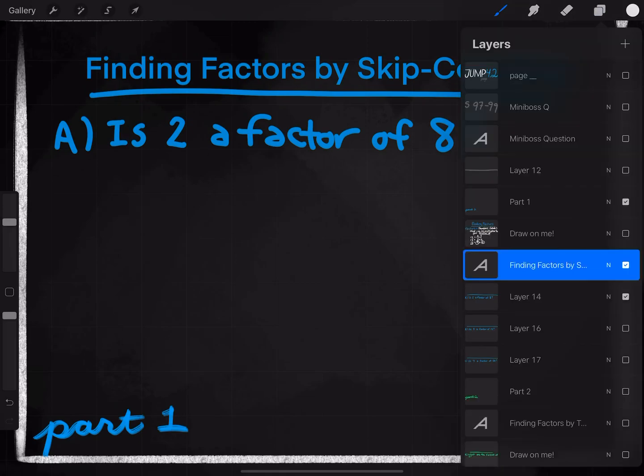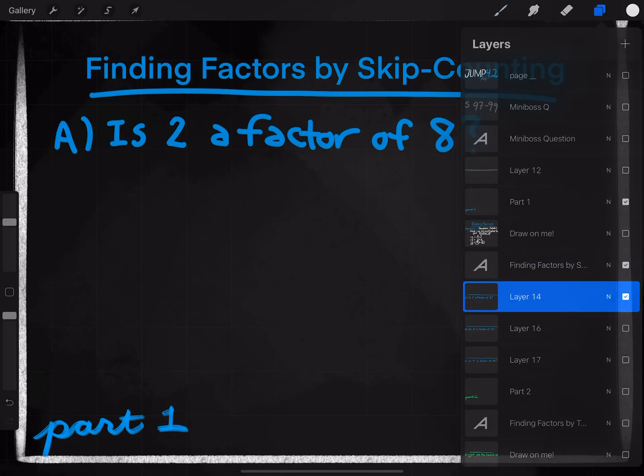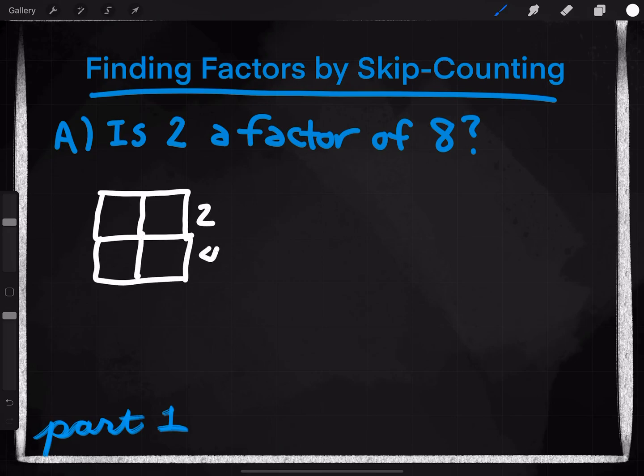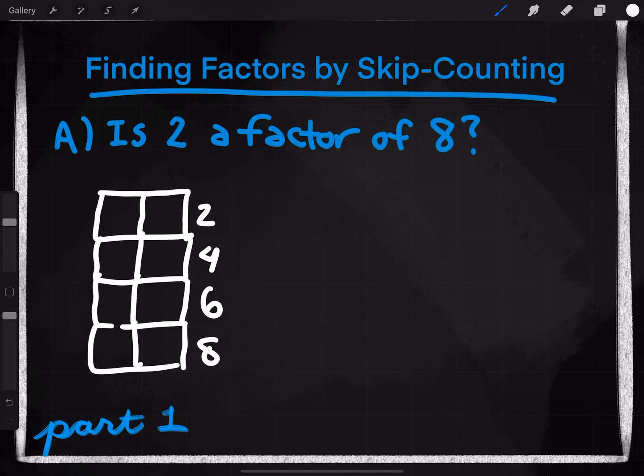So here I'm going to draw a picture. 2, 4, 6, 8. Oh, I got to 8. So if I make rows of 2, 2, 4, 6, 8, I get to 8. So 2 is a factor of 8. Yes.